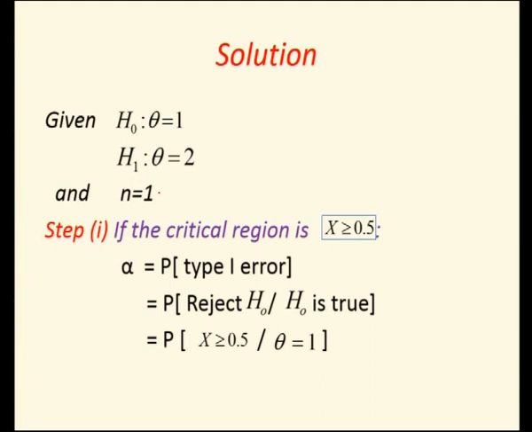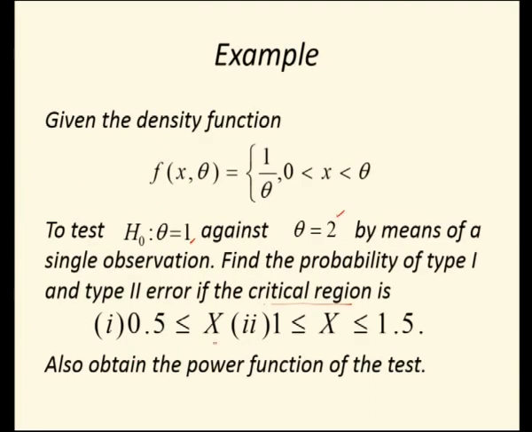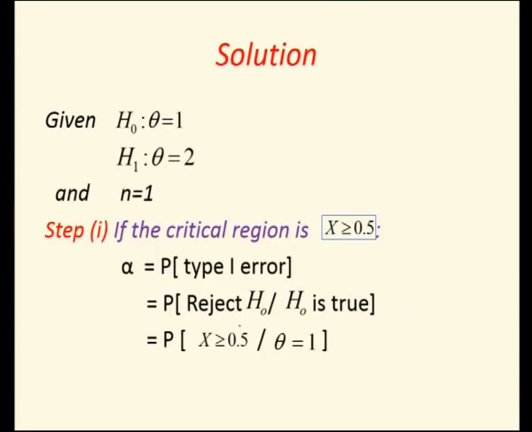If the critical region is 0.5 less than or equal to x, which I can write as x greater than or equal to 0.5, I need to find alpha. Alpha is the probability of type 1 error. So, here we reject H naught if x is greater than or equal to 0.5, given that H naught is true. H naught true means theta is equal to 1.